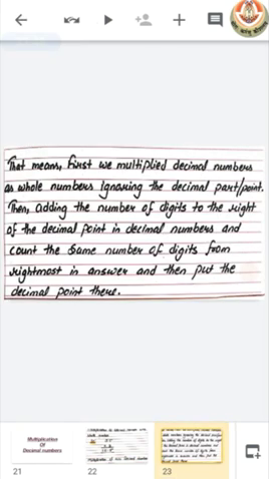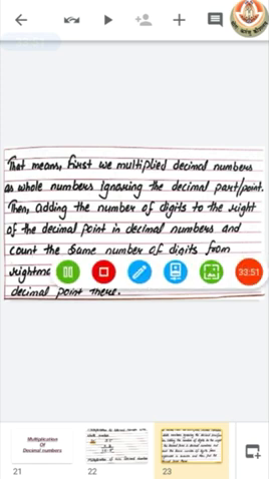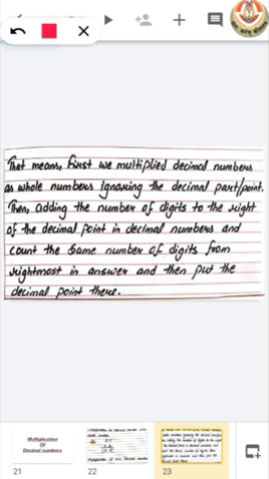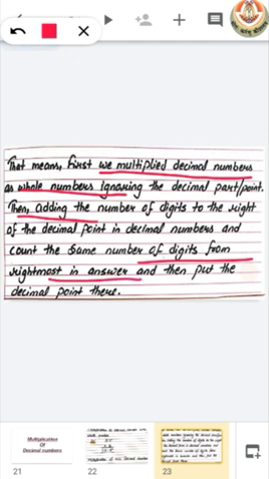So we can say that first we multiply decimal numbers as whole numbers, ignoring the decimal point. Then add the number of digits to the right of the decimal point in the decimal numbers, and then count the same number of digits from the rightmost in the answer, and then put the decimal point there.